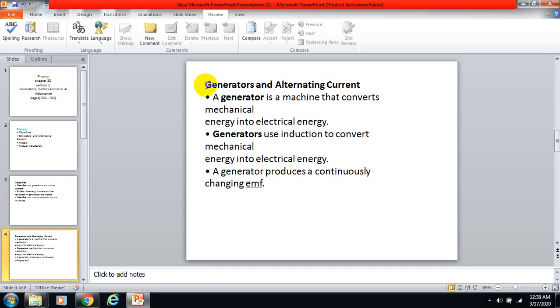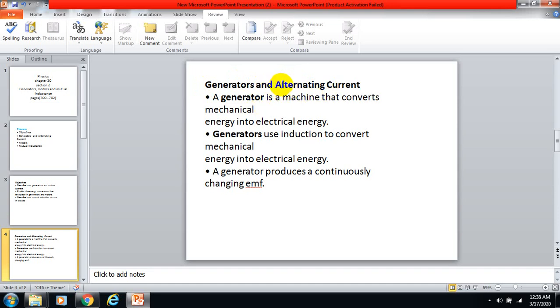You can assume, by the way, generators: how to produce something, how to generate something, how to operate something. And alternating current, like AC current. Understand?